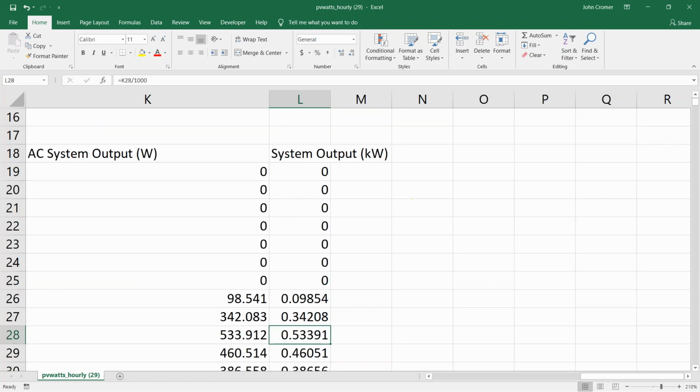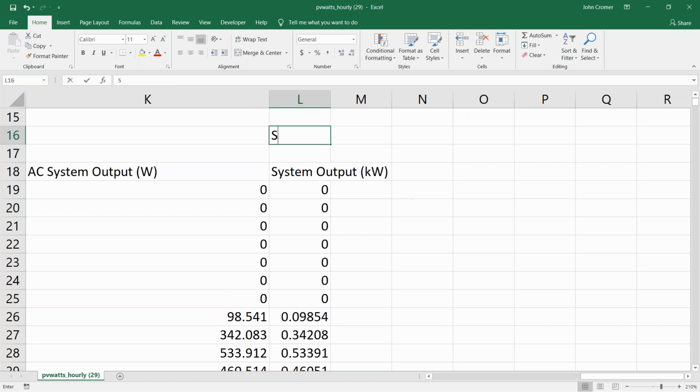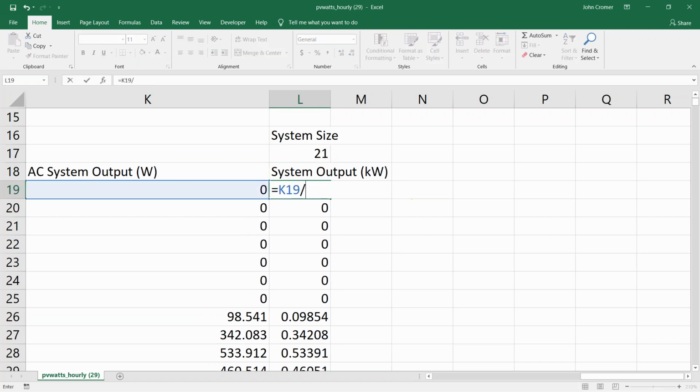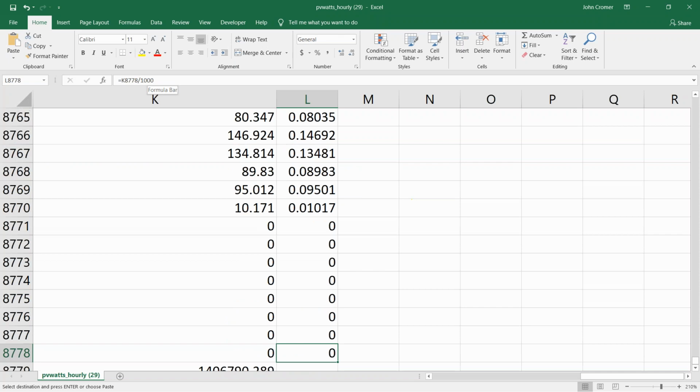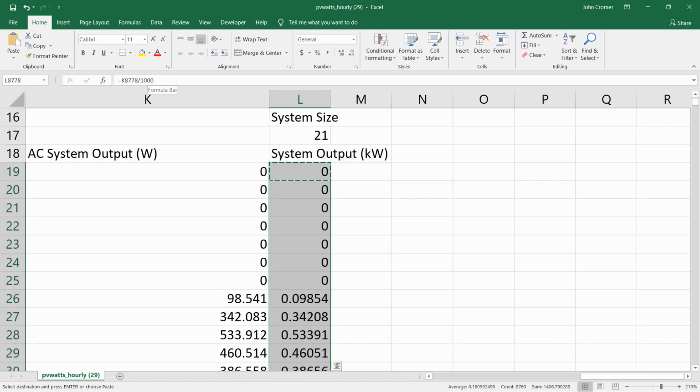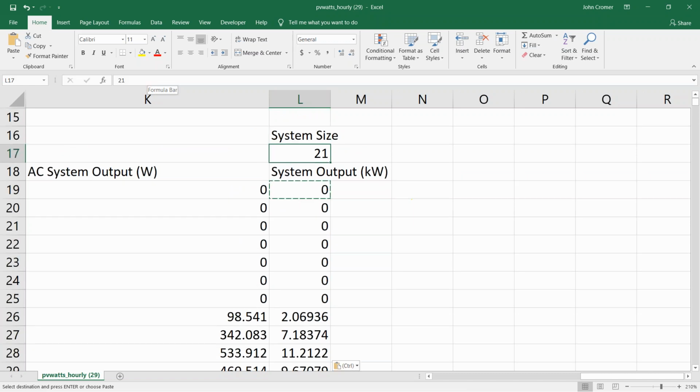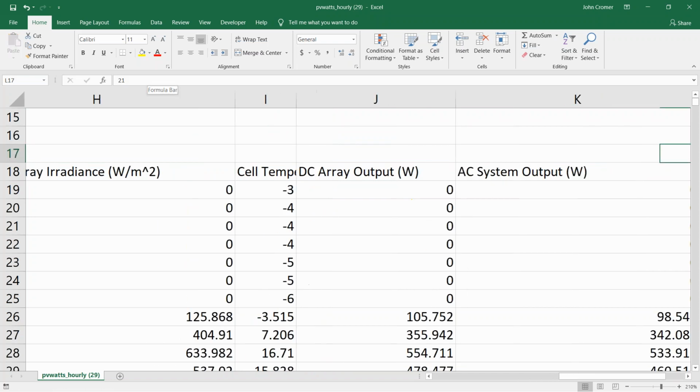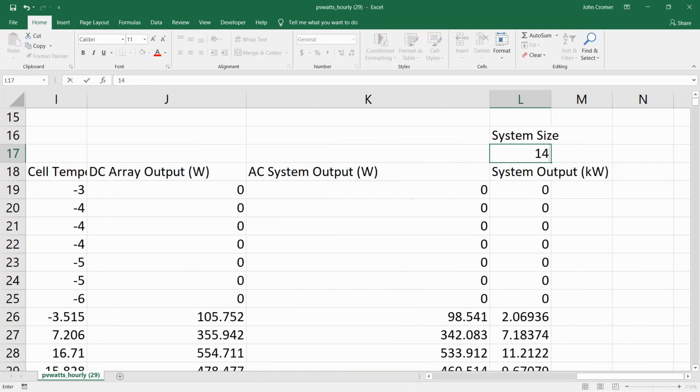And so actually, what I'll do is I'll put another system cell here. Let's say we were going with a 21 kilowatt array. Now you have to know a little bit of spreadsheet technique to build your own model. But because I did this calculation for a 1 kilowatt array, I'm just multiplying this column by my system size, and now I can easily adjust my data and say, what if I do a 14 kilowatt array?